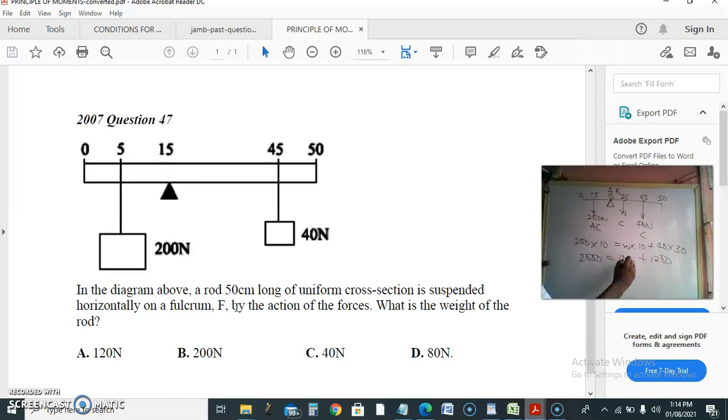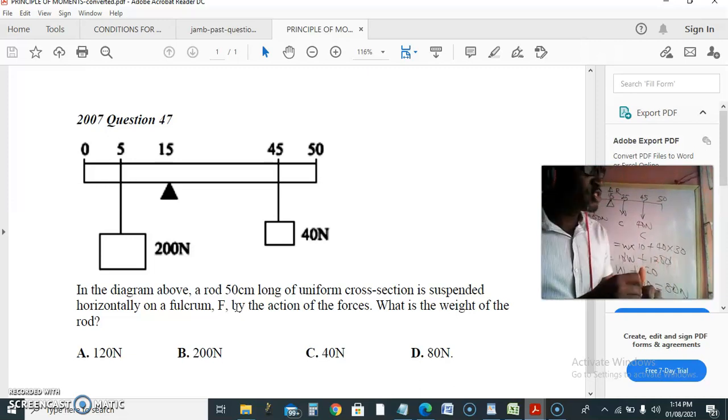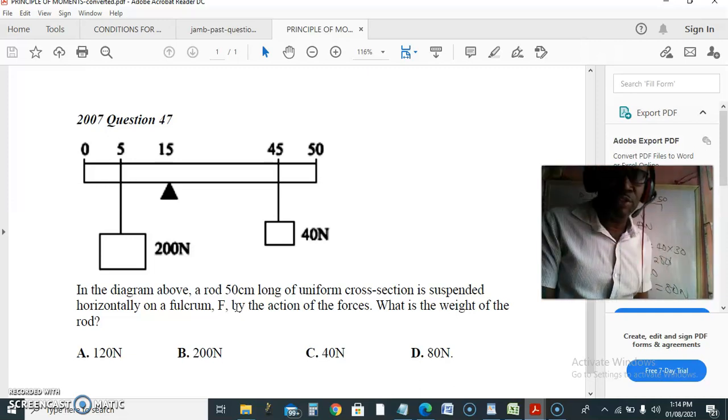We divide both sides of the equation by 10, and we're going to have 200 equals W plus 120. So at the end of the day, we have 200 minus 120, which is 80 Newton. So the weight of the rod is 80 Newton.